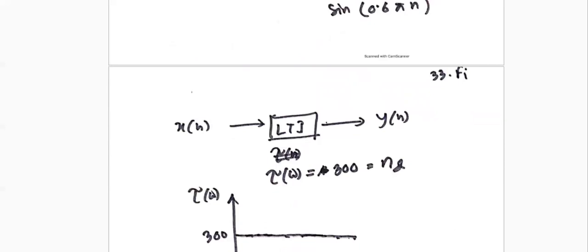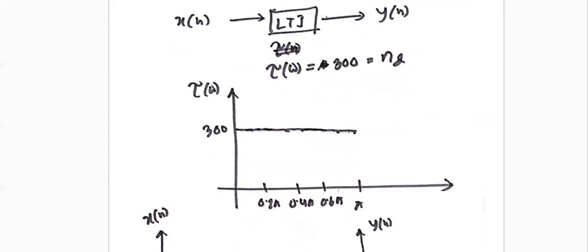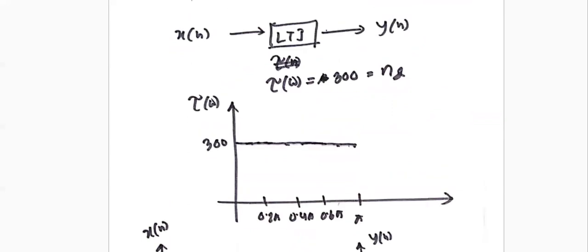Now this is an LTI system. We are passing our input to the output. Any LTI system works like a filter, and for this LTI system, let's say this is our group delay. The group delay is 300 samples.